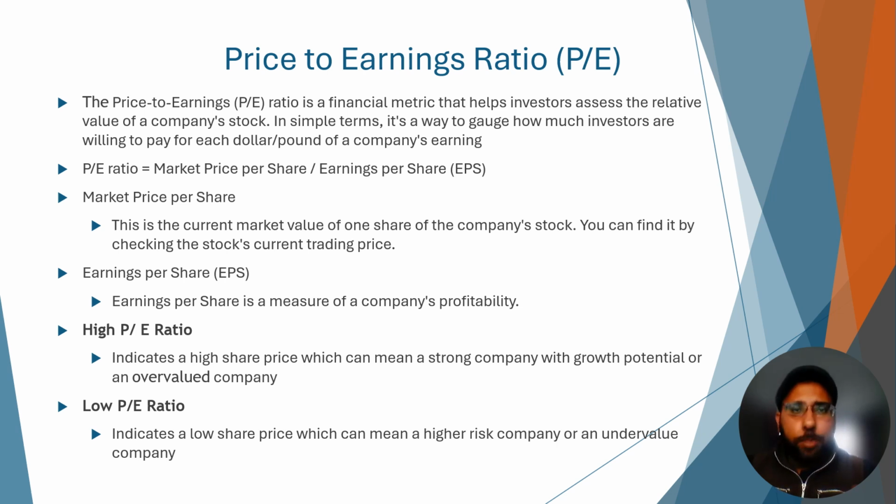Are you prepared to pay over and above, and how much are you prepared to pay over and above for that stock? So the P/E ratio compares the current price of the stock, that's how much you have to pay for one share, and then you divide that by the earnings per share, which we've seen, or if you haven't seen, visit our previous slides.